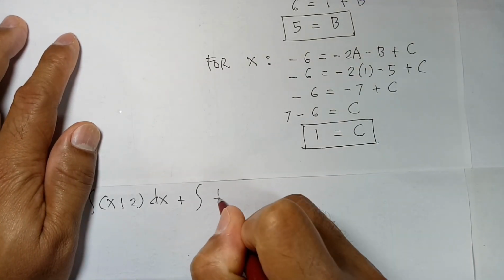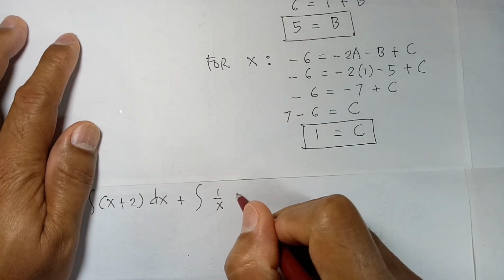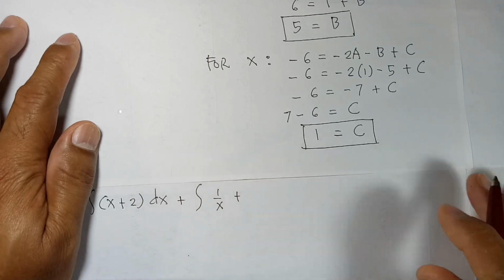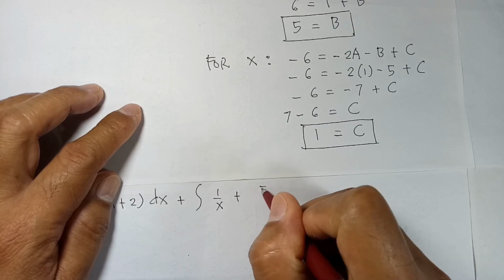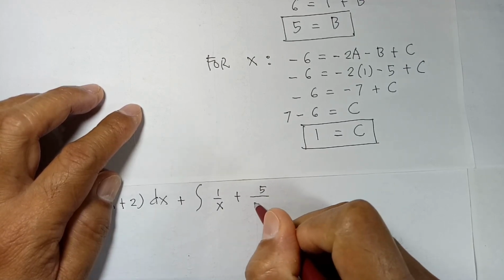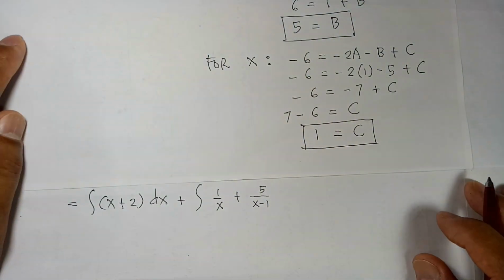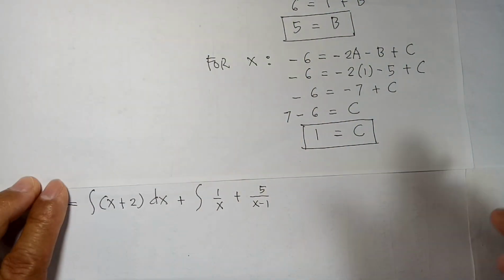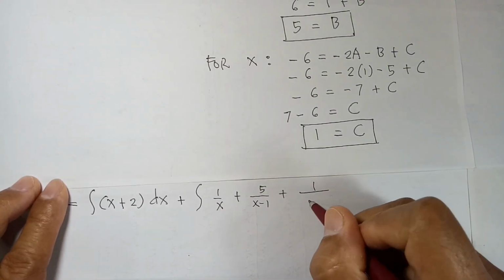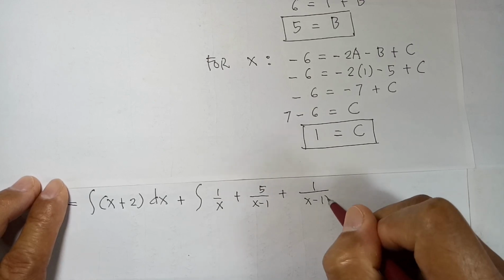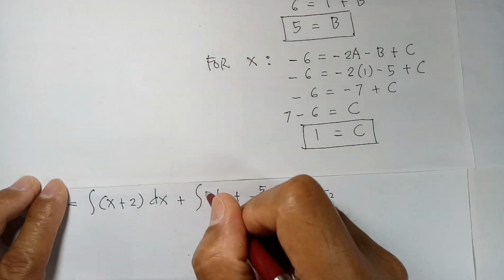And then plus b divided by x minus 1, but b is 5, so we'll have 5 divided by x minus 1. And then plus c divided by x minus 1 squared, but c is 1, so we'll have 1 divided by x minus 1 squared dx.